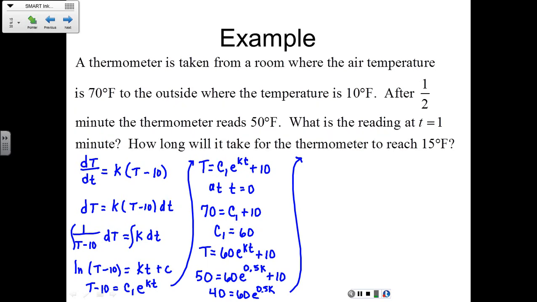Divide by 60, that's going to give me 2/3. ln of 2/3, by the way. Natural log of 2/3 divided by 0.5.